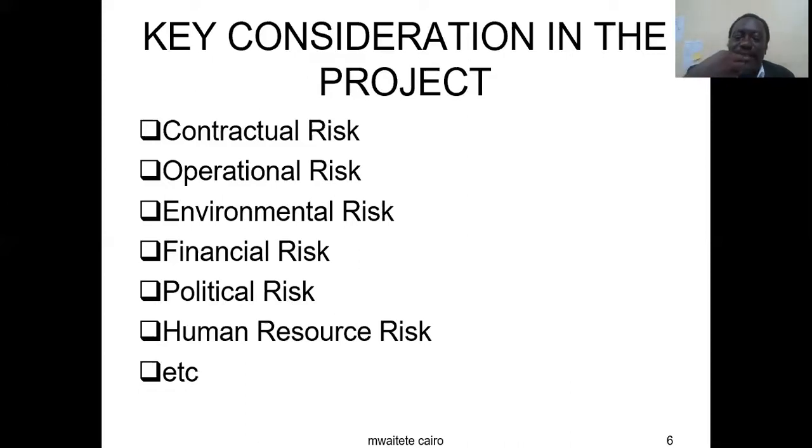The human resource risks: the personnel employed in the projects who cannot deliver good performance is a risk. It may cause failure to the project. So you need to analyze, you need to know, you need to brainstorm. And what action are you going to take if you understand it is like that?